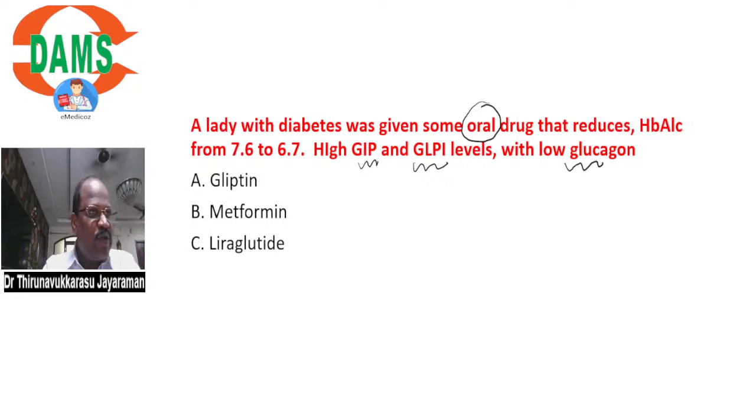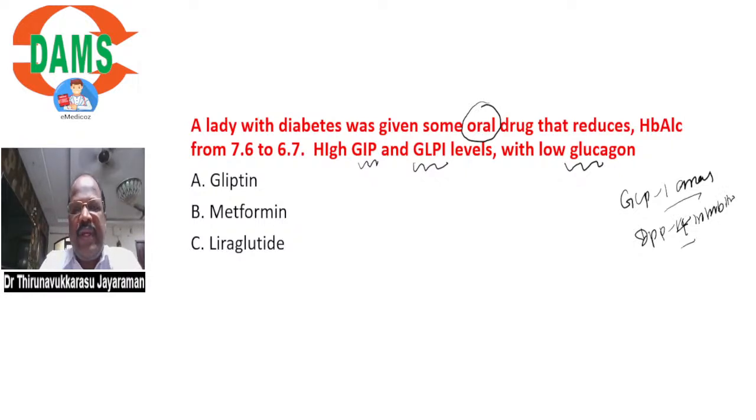If this question comes, it should be either a GLP-1 analog or a DPP-4 inhibitor, because they increase the GLP-1 level and decrease glucagon. But it asks which is the oral drug. Liraglutide is a GLP-1 analog, so the right answer will be the gliptins, DPP-4 inhibitors.